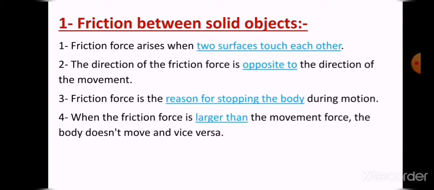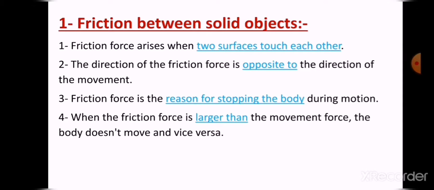If you ride the bike and push its pedal, the bike continues moving in the same direction. But when you stop pedaling during the movement of the bike, the bike's speed decreases gradually until it stops.